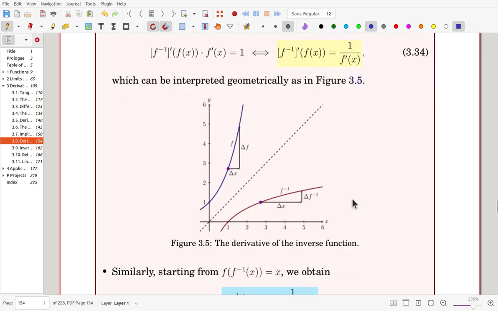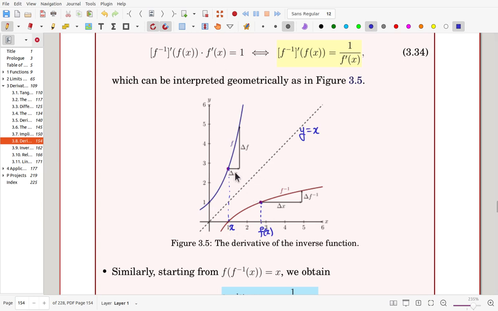Let's see here. If y equals f of x is given in this way, then y equals f inverse of x is given that way. So it is a reflection with respect to y equals x. Now, if this point has x coordinate x, then the reflected point is now f of x.